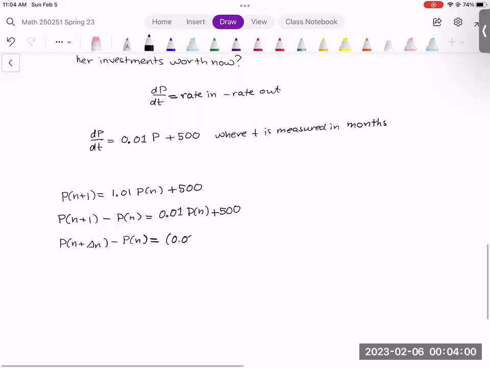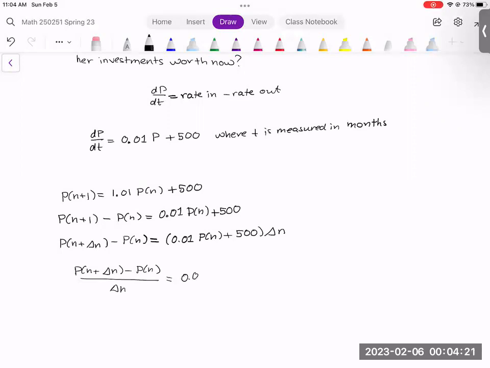And so we end up just multiplying this by delta n. Now dividing across by delta n gives us P of n plus delta n minus P of n over delta n. And in the limit, we arrive at that same equation that we had up top. dP/dt is 0.01 P plus 500.